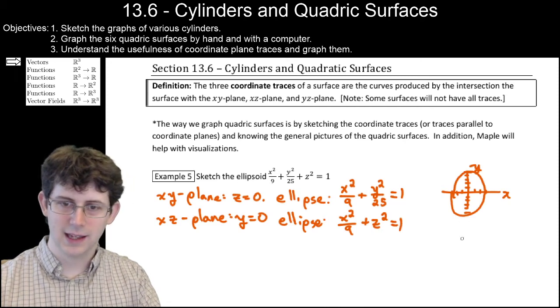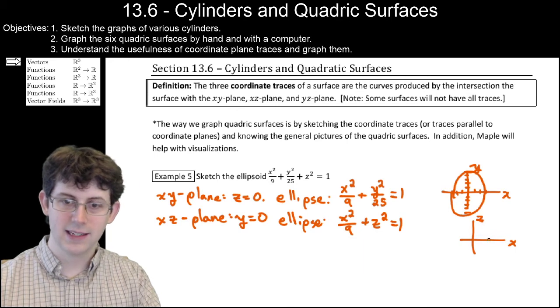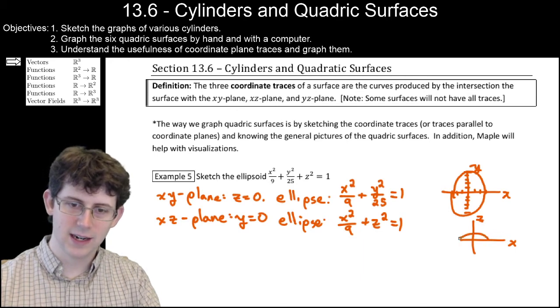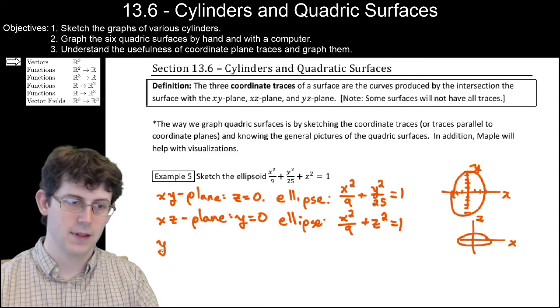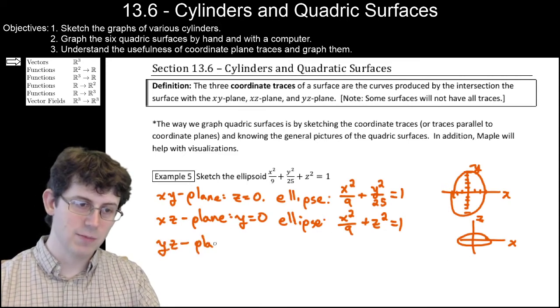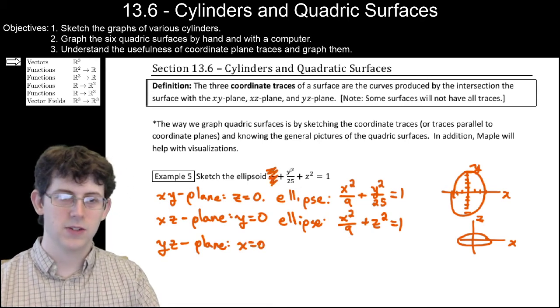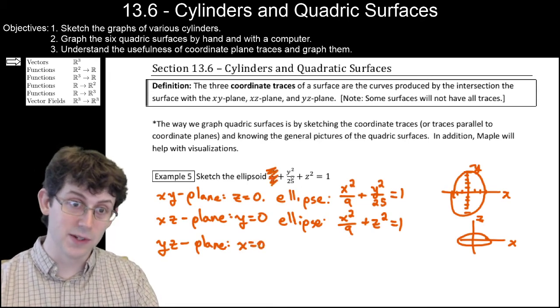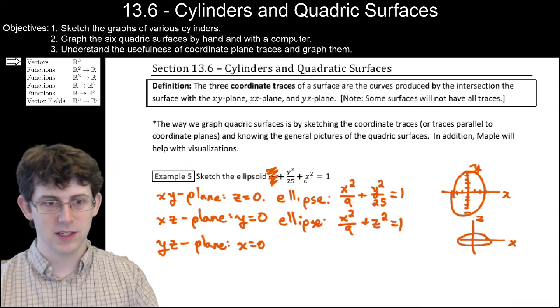This will be in the xz plane. In the x direction, you go out by 3, but in the z direction, you only go out by 1. So it's like not very tall in the z direction. And then the yz plane, you plug in x equals 0, and you see that it goes all the way out to y equals plus or minus 5. So it's like really long in the y direction, and it's really short in the z direction.